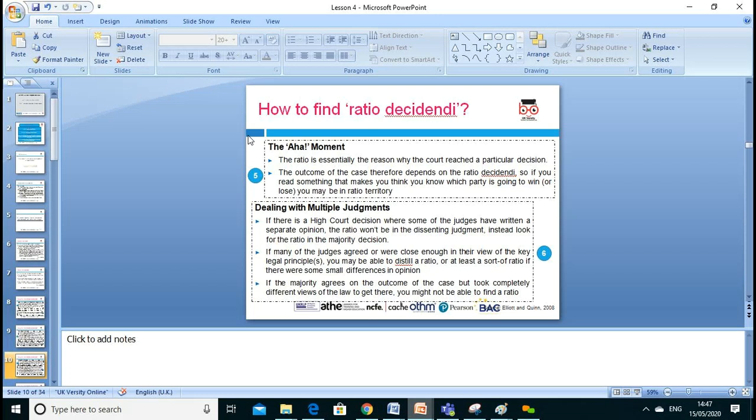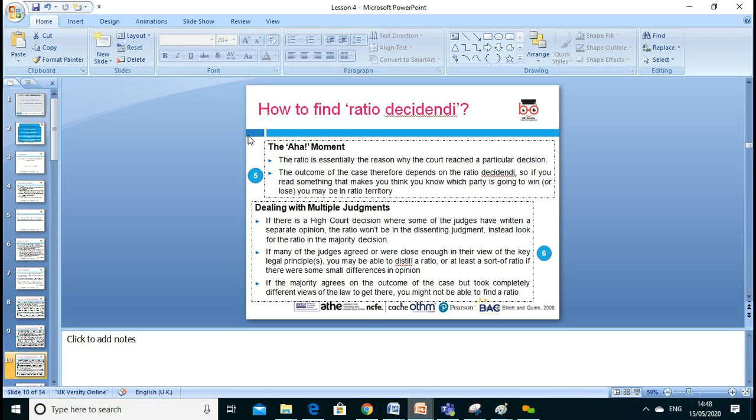If you read something that makes you think you may partly win or lose, so look around the ratio territory. Yes, we need to look around. Is there a High Court decision where some judges have written a separate opinion? So we can look around. The ratio won't be in a single judgment.